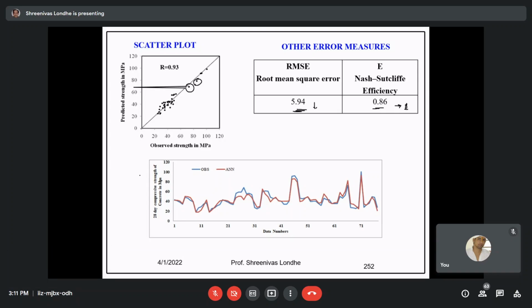And the cherry on the cake is this particular figure, which tells you the trend of predicting the strength of concrete. You can see the observed and ANN values are very much in sync with each other.